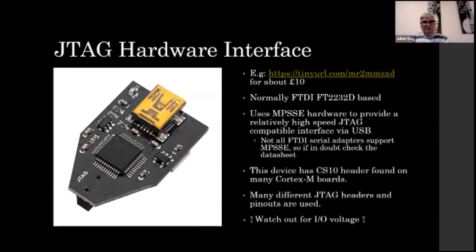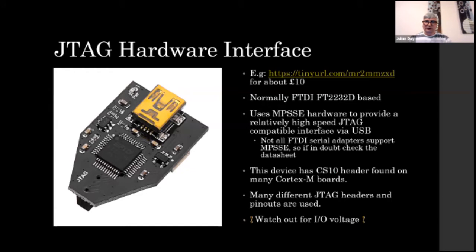It plugs into your USB port, and on this one, it's got a little JTAG connector underneath. This particular variant is designed for ARM devices in that it's got the CoreSight 10 header, which you'll see on lots and lots of Cortex-M boards.